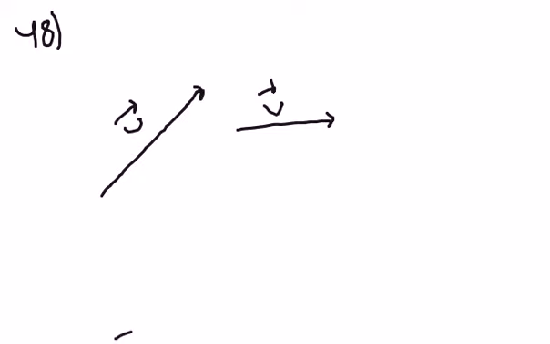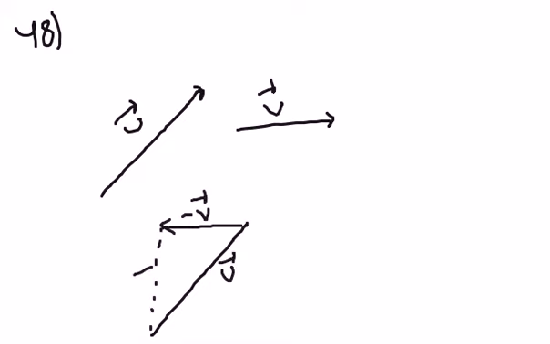I draw u at the same angle, and then if v goes to the right, negative v is going to go to the left. So from here I'm going to go this way. Here's minus v, here's u. This one here is u minus v, in other words, u plus negative v. That's another way to think about it. So there's number 48.